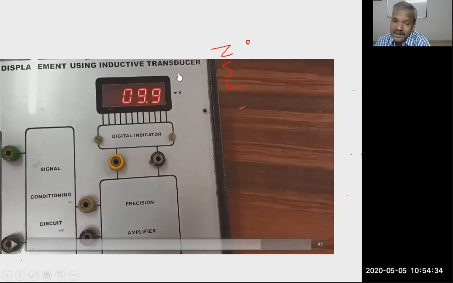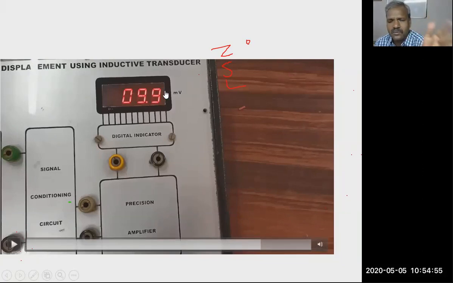Again, you go back to 0 mm in the micrometer, place the core at 0 mm. Again you have to see 0 mm display, 0 millivolt here. If it is not so, again use the zero adjustment part to bring zero.